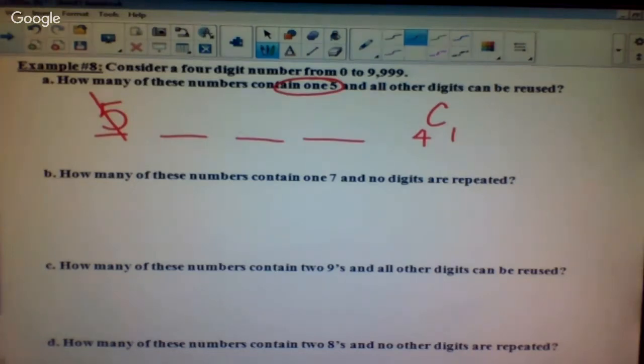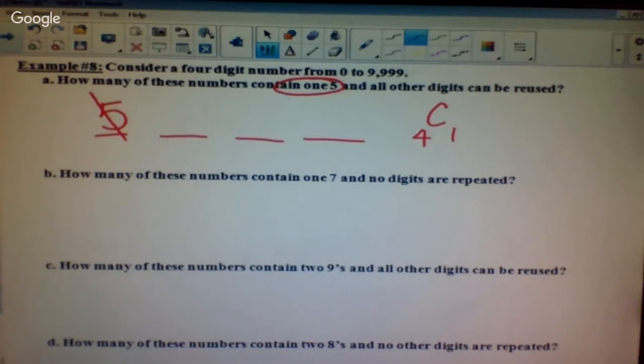All of my other digits can be reused. So I can reuse any one of my numbers except my 5. So how many options do I have here? 10,000? Or is it 9,998? No, that's a 4-digit number.